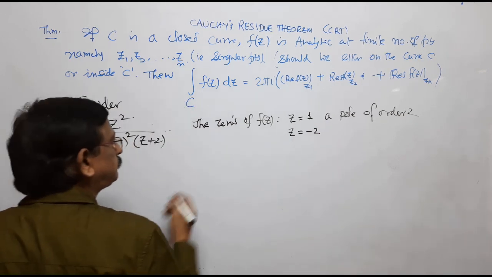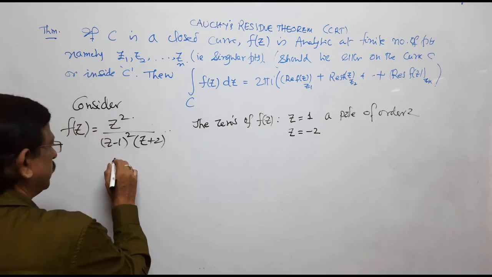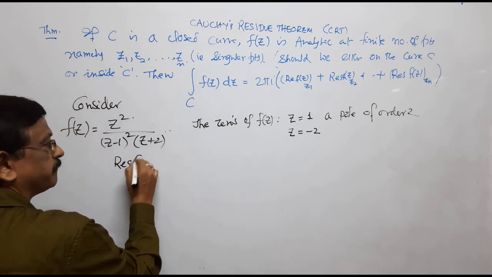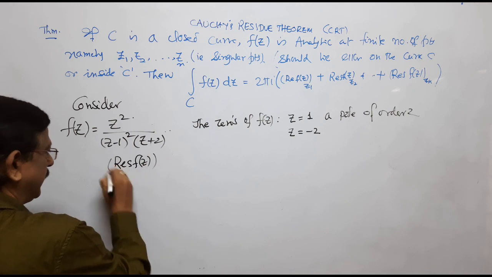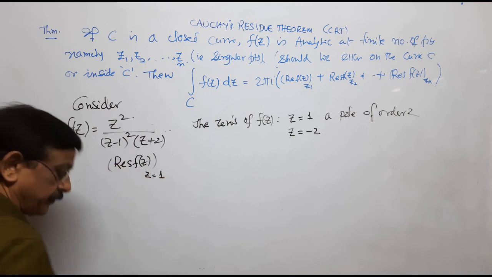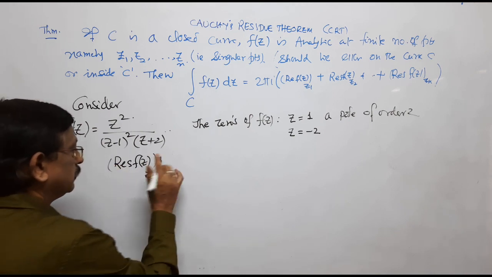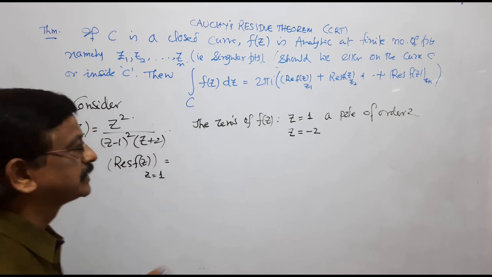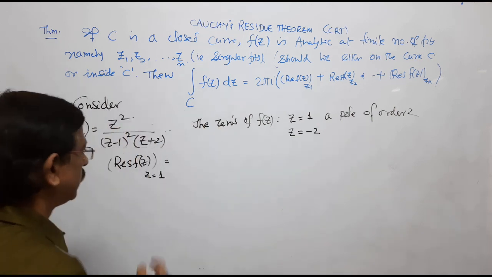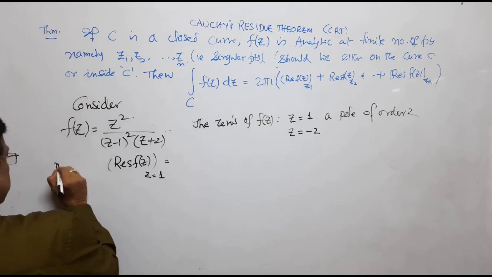Now, I want to calculate the residue. So, residue of f(z) at z equal to 1. Because it is a pole of order 2, I have to apply m is equal to 2.